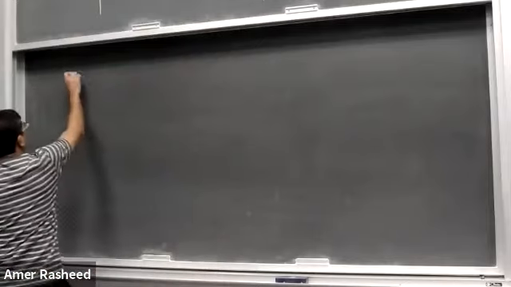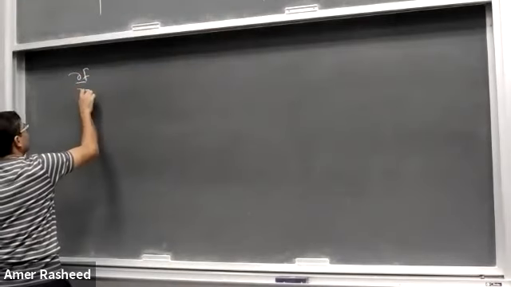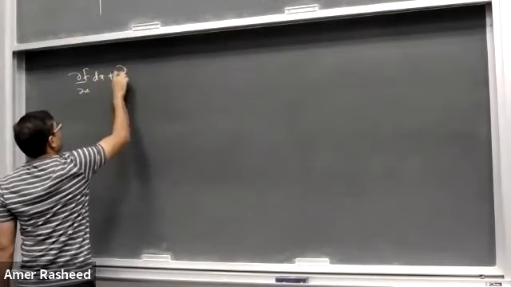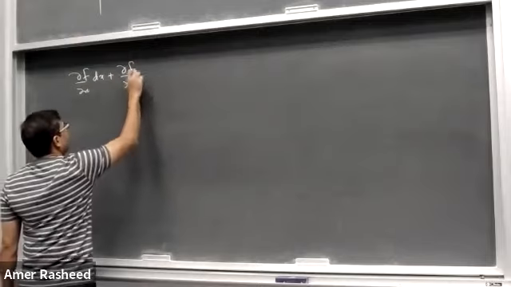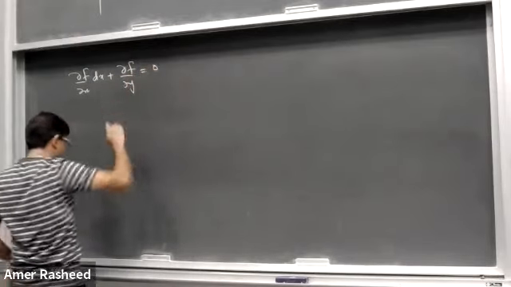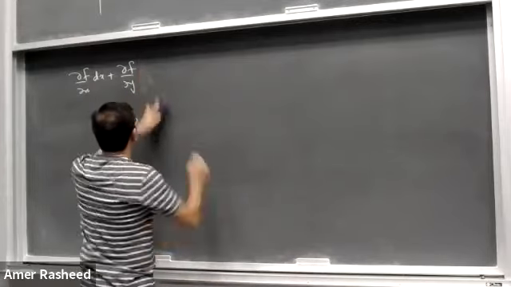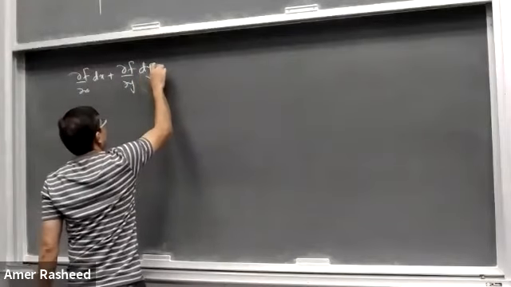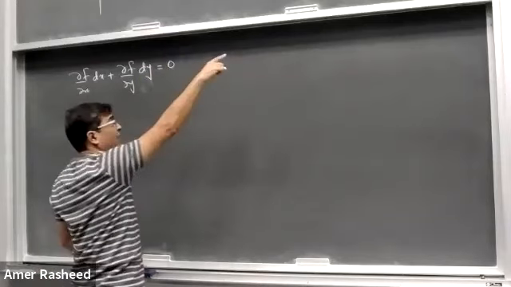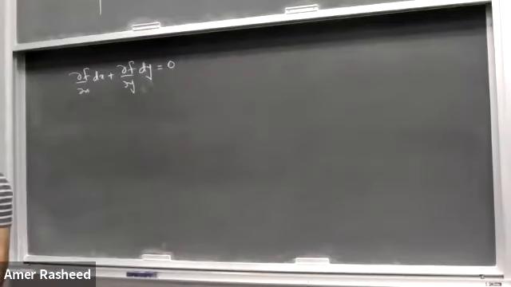So the differential will be partial f over partial x dx plus partial f over partial y dy is equal to 0. This is how we define differential of that kind of function, f of x, y is equal to 0.